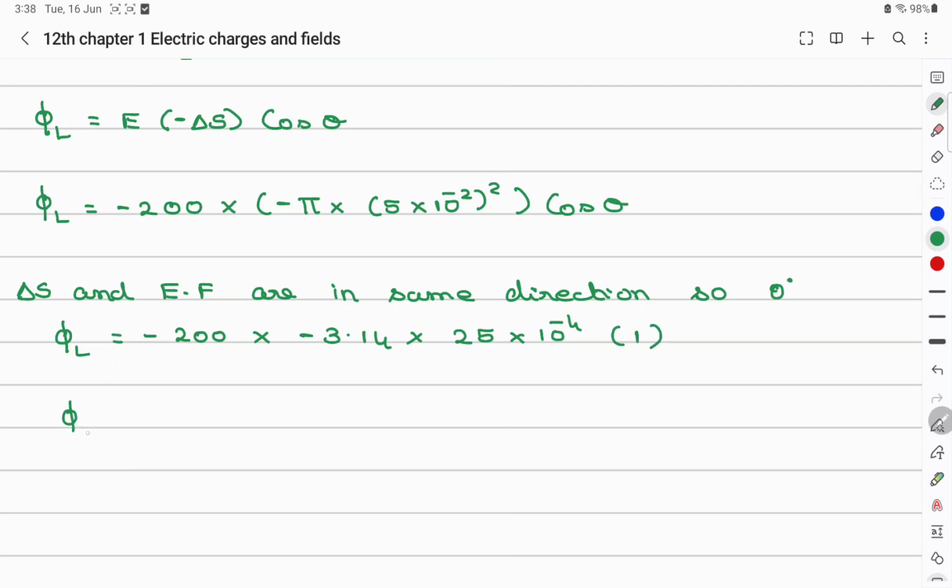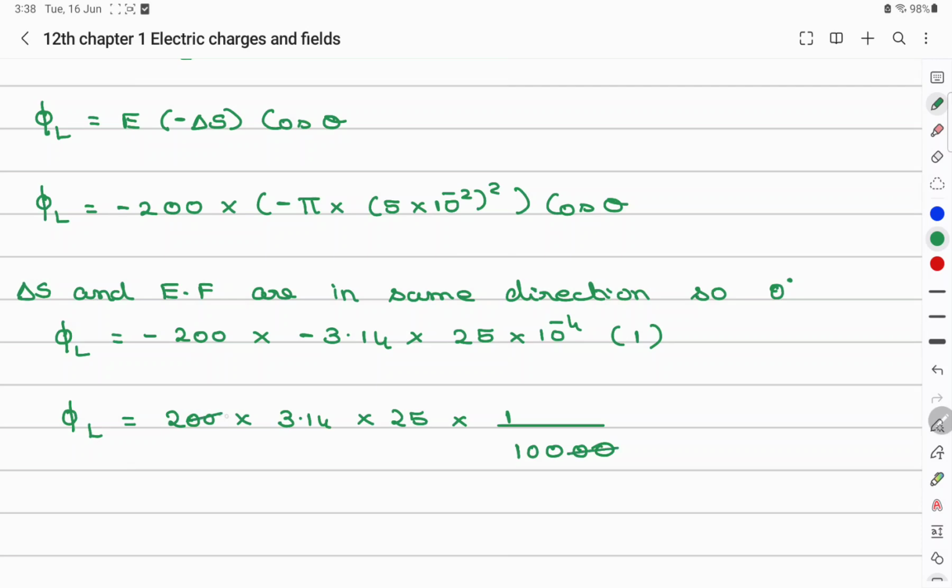And phi of L is equal to 200 into 3.14 into 25 into 1 by 10,000.